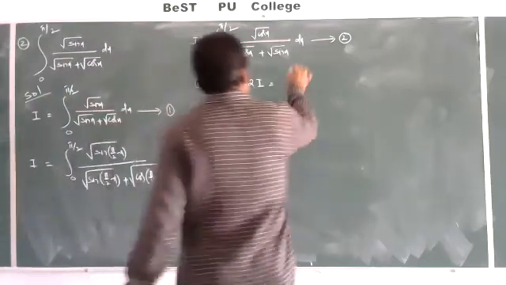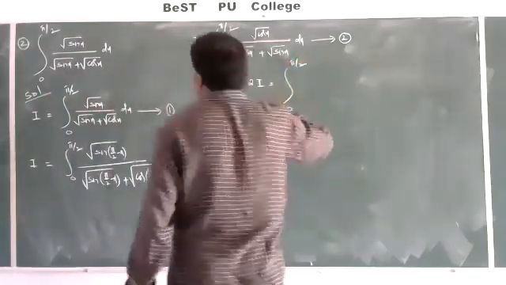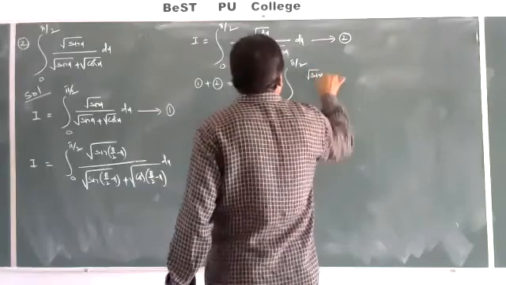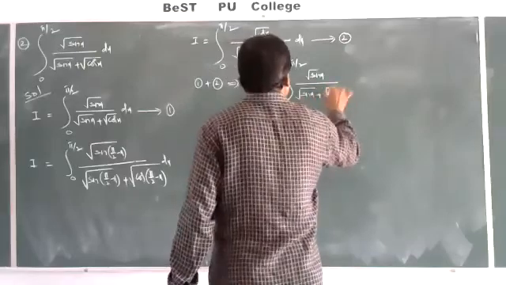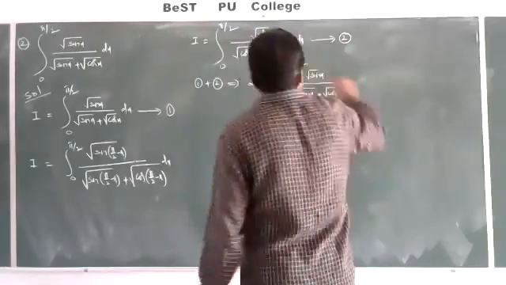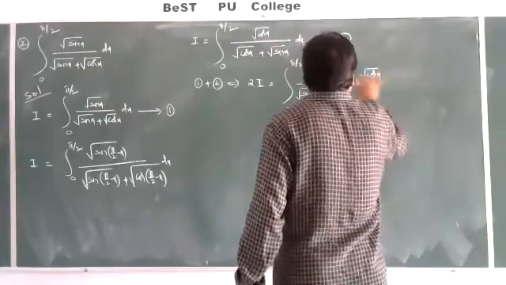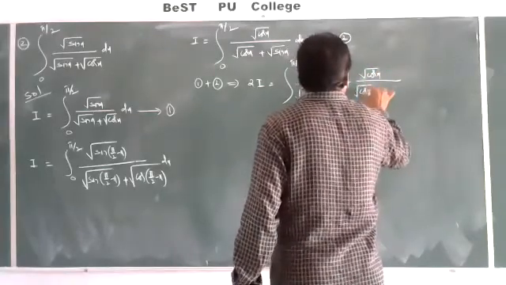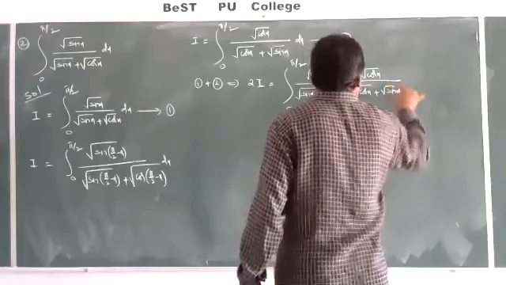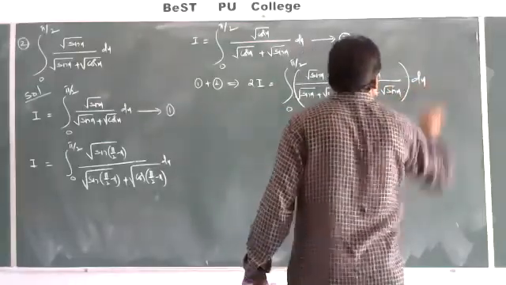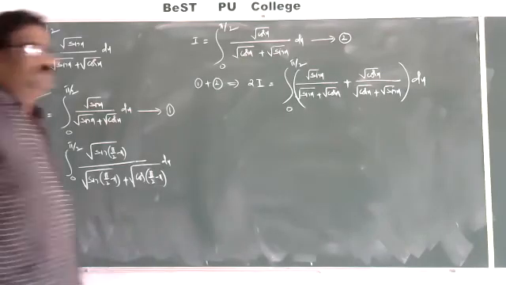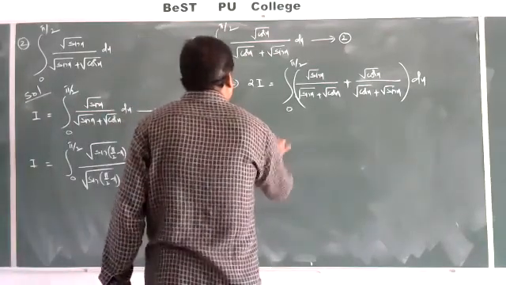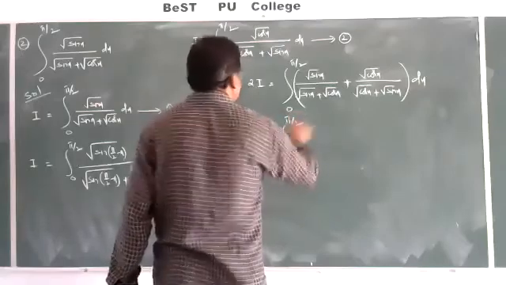That's why you write integral 0 to pi by 2 of root sin x by root sin x plus root cos x, plus the second equation, root cos x by root cos x plus root sin x into dx. Here observe the denominators: both are the same. That's why take the LCM.